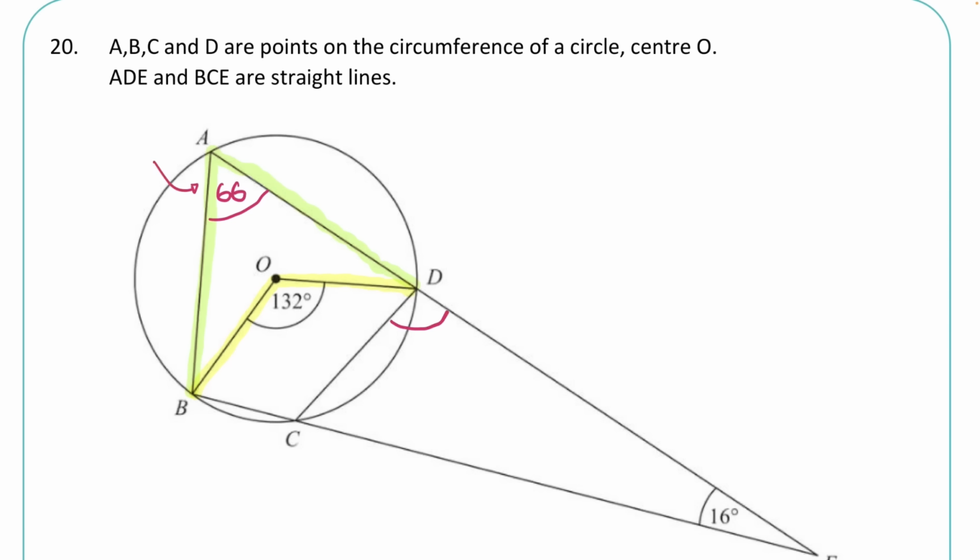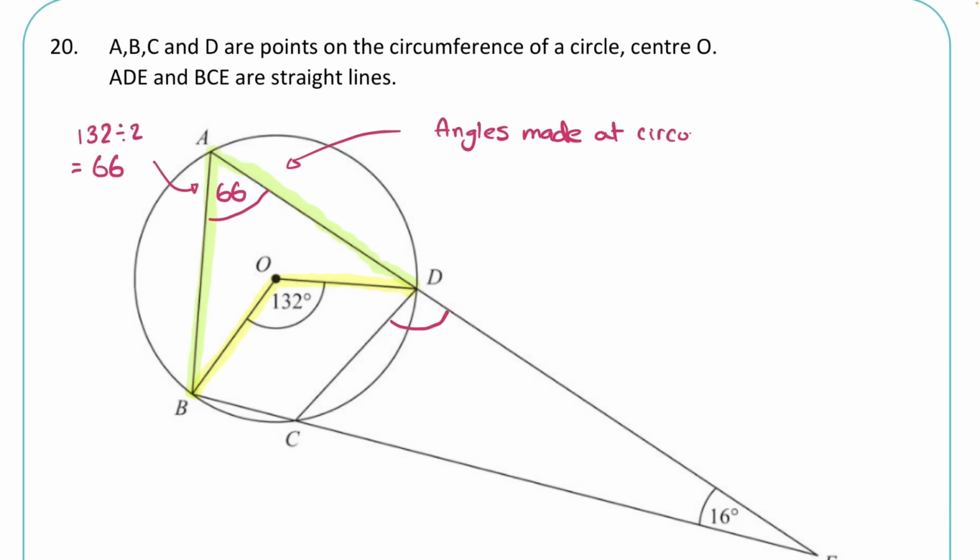Now I'm going to write my working out down next to that, 132 divided by 2, and that's equal to 66. Now of course it says that I need to give all my reasons for each stage of my working. So somewhere next to that I need to write down the rule, which is angles made at the circumference. There's lots of different ways that you can write this down.